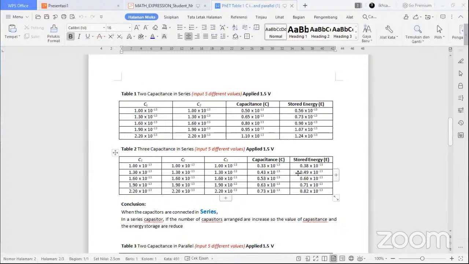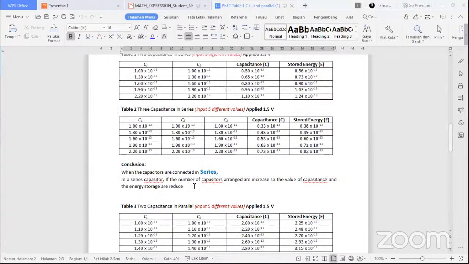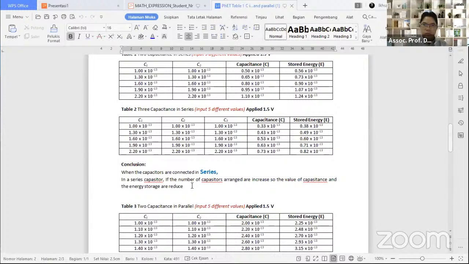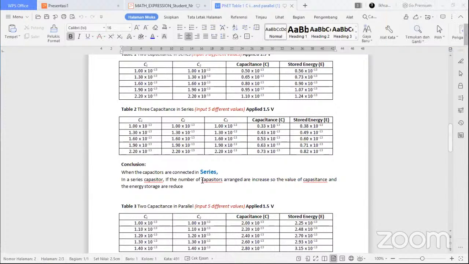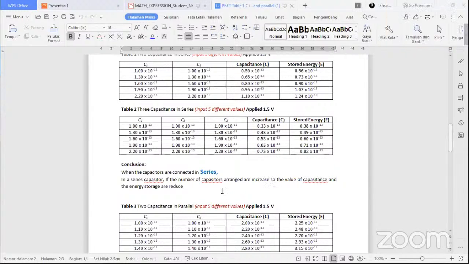And the stored energy is 0.82 times 10 to the power minus 13. From the table, we got the conclusion that in a series capacitor, if the number of capacitors arranged is increased, the value of capacitance and the energy storage are reduced.